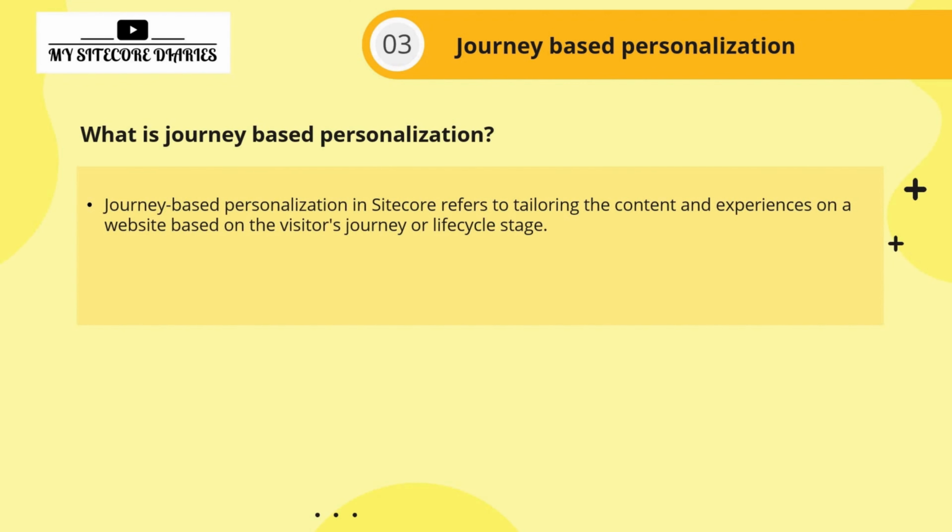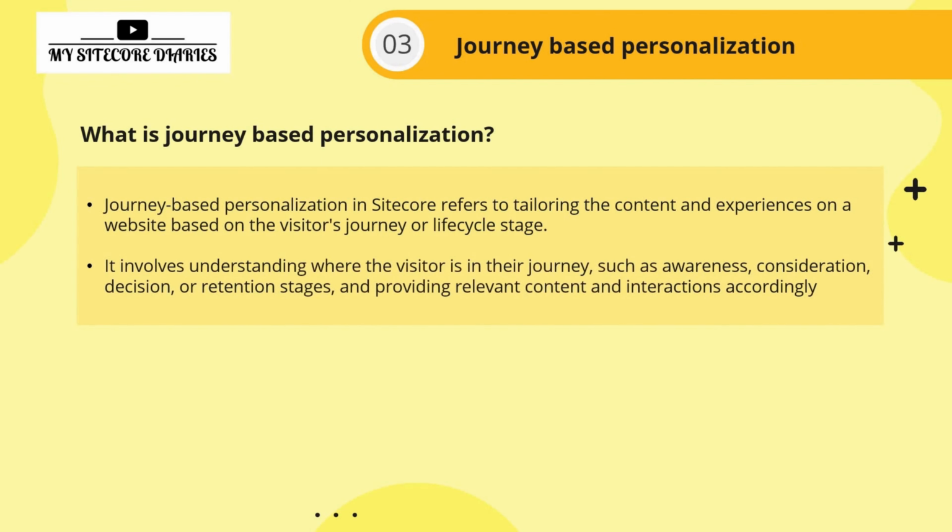So journey based personalization is where you tailor your content based on the customer journey, or where the customer is in the customer journey, at what stage. Depending on that, you change the content. That is called journey based personalization.